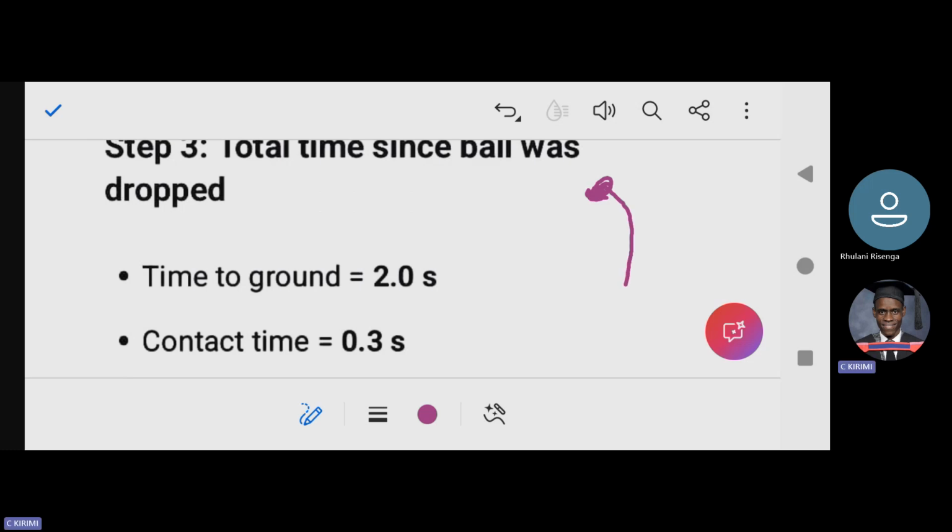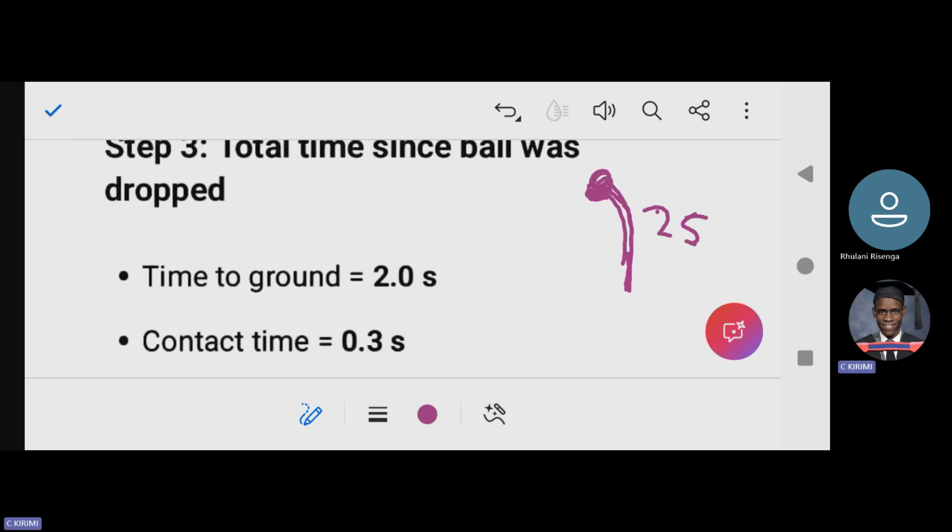We calculated this one, isn't it? We set up everything and solved for t. Yes, we calculated that on the previous question. From the moment it was dropped, it took 2 seconds to reach the ground.